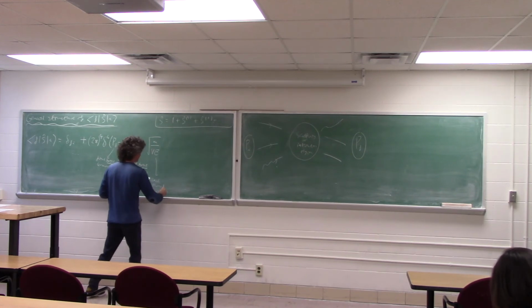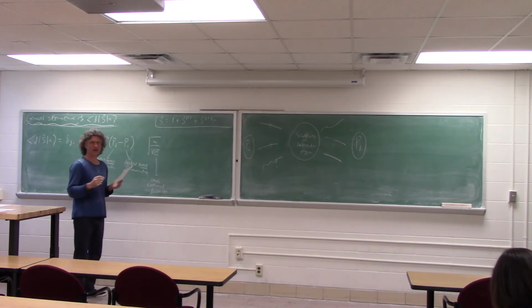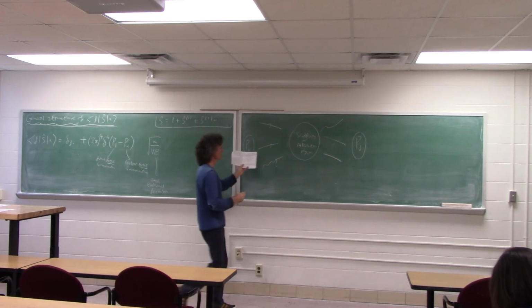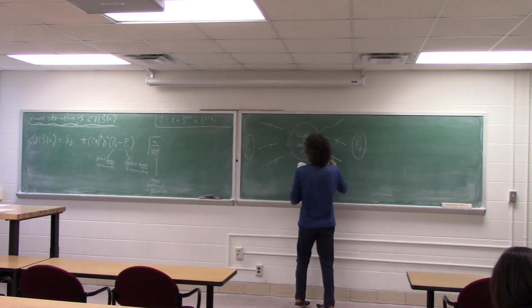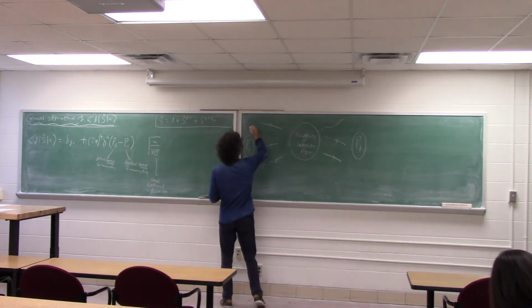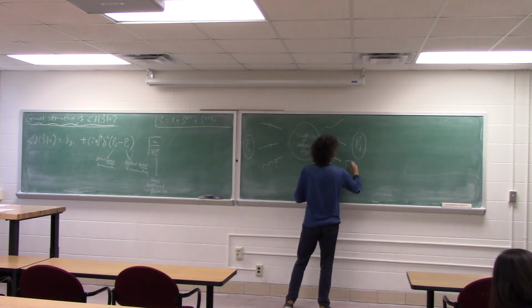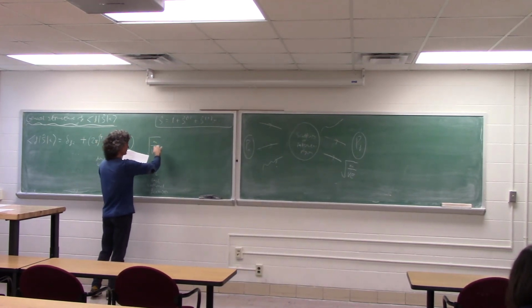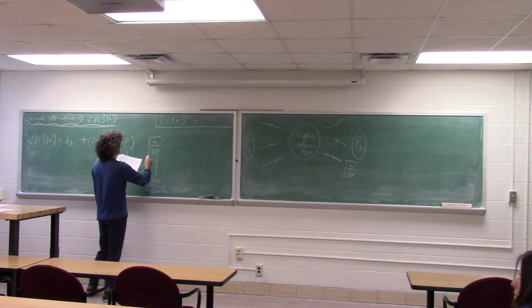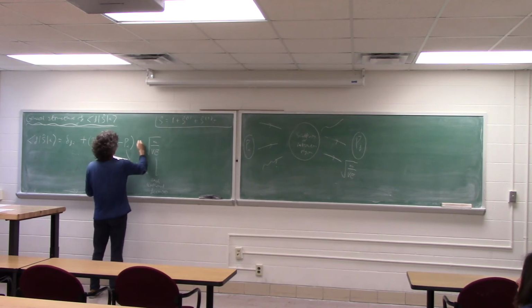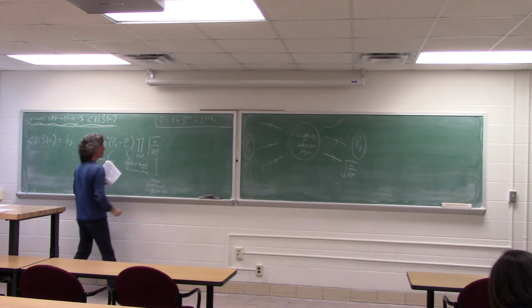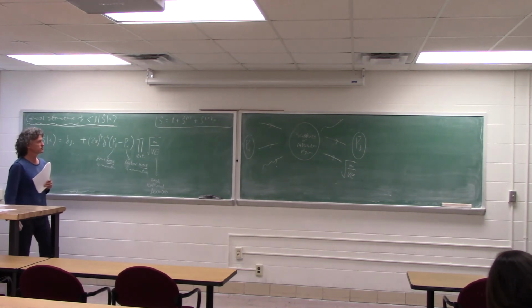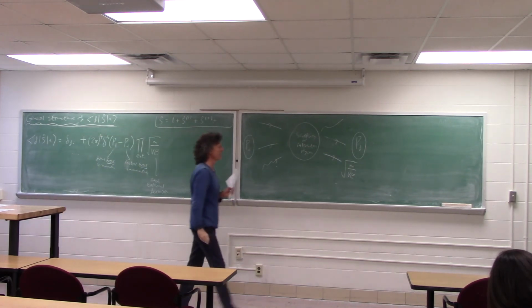So if I have an incoming electron or an outgoing electron, an incoming positron or outgoing positron, each of these lines contributes a factor square root of m over VE. You just write them multiplying each other if there are several of these lines. As a shorthand, we can write this as a product over the external lines.